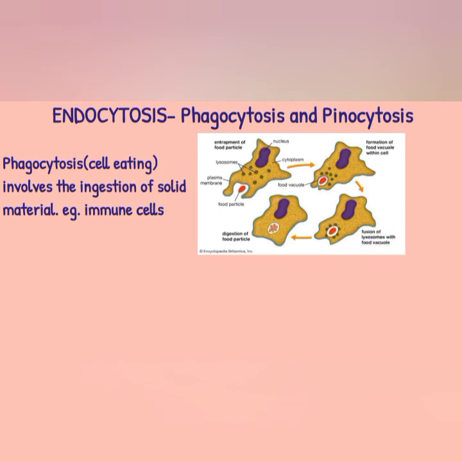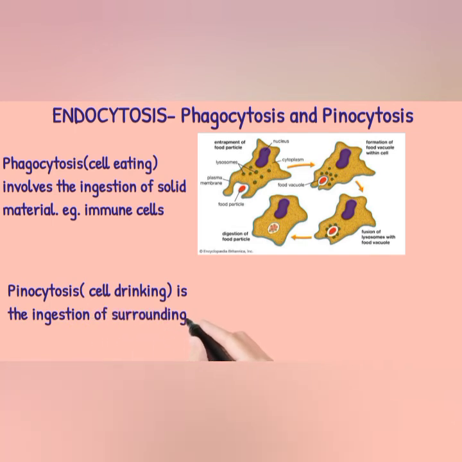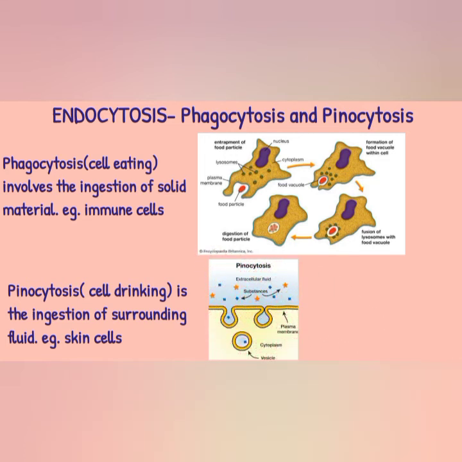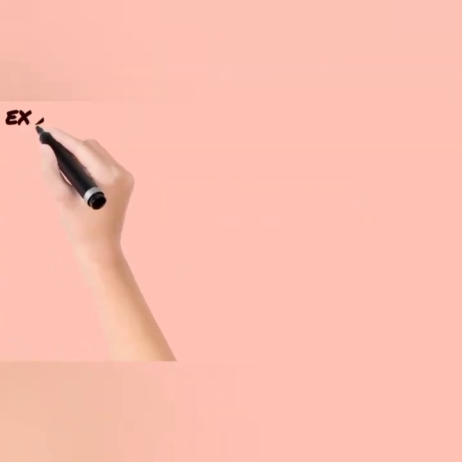You can see here in the diagram how the plasma membrane extends and engulfs the food particle within a vacuole and is digested within the cell. Pinocytosis is the ingestion of the surrounding fluid. Here in the diagram you can see how the plasma membrane engulfs the fluid particle from the surrounding solution and takes it within a vesicle.